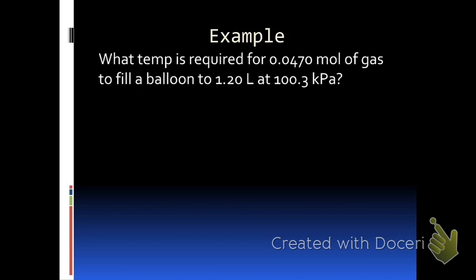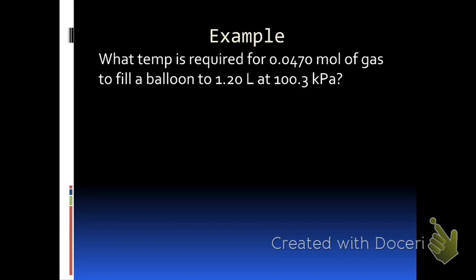Next one. What is the temperature required for 0.0470 moles of a gas to fill a balloon to 1.20 liters at 100.3 kilopascals? So now oftentimes on the test we'll ask you these questions, but you have to determine, am I going to use the combined gas law, P1 V1 over T1 equals P2 V2 over T2, or am I just going to use PV equals nRT?